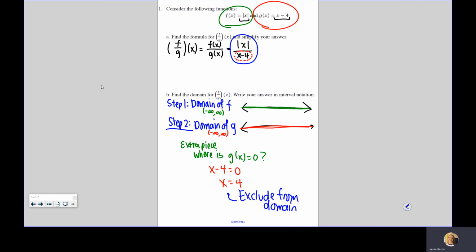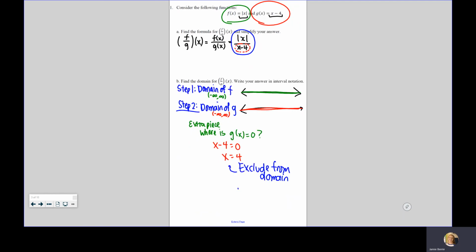All right, so let's get our domain together. This is our step 3. So we're finding the domain. If we look at the overlapping pieces here, they're exactly the same, so nothing to worry about up here. But we do need to leave out 4.